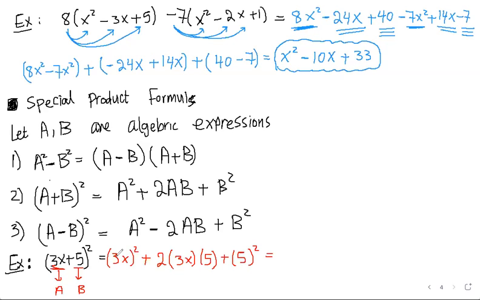And this is equal to 3 squared x squared plus 2 times 3 times 5 is 30x plus 25.